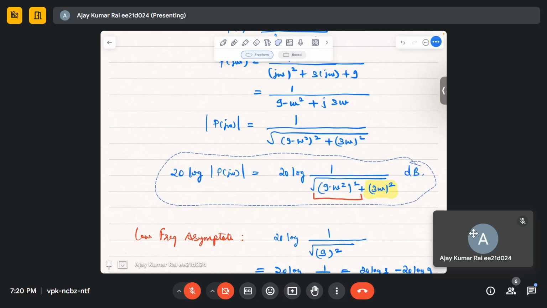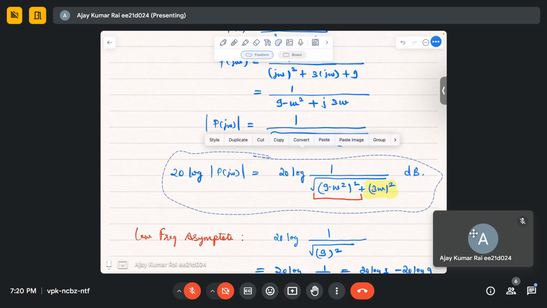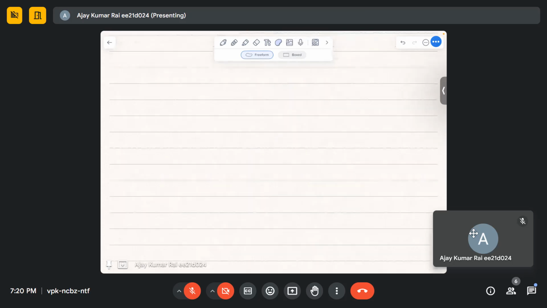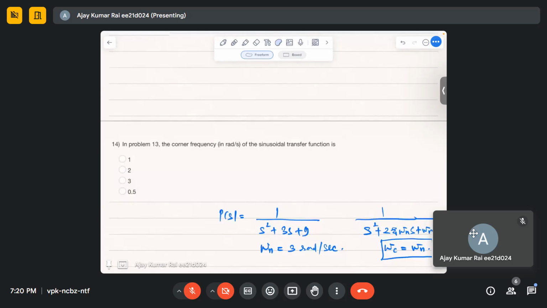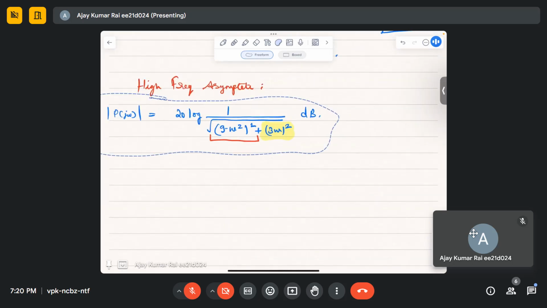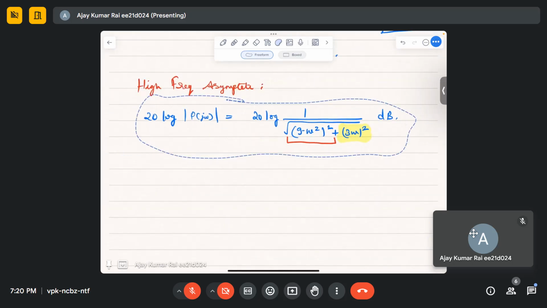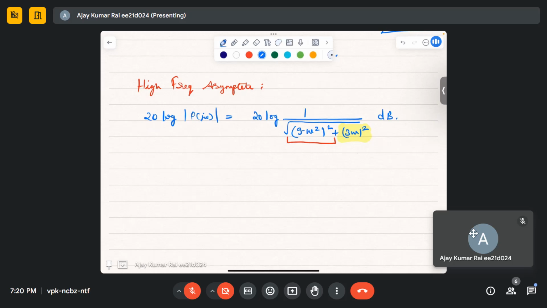So this is the magnitude. I want to find the magnitude when omega is very, very large, close to infinity. Let's find out.